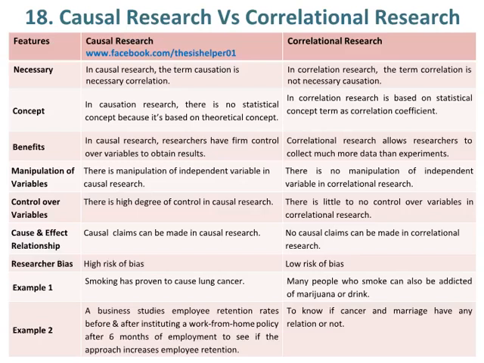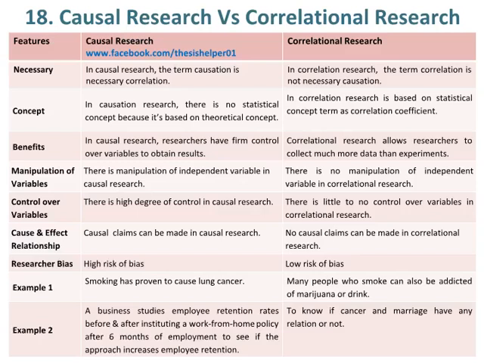There is a high degree of control over variables in causal research, whereas, little to no control over variables in correlational research. Causal claims can be made in causal research, whereas, no causal claims can be made in correlational research. Researcher bias in causal research is a high risk of bias, whereas, researcher bias in correlational research is a low risk of bias.